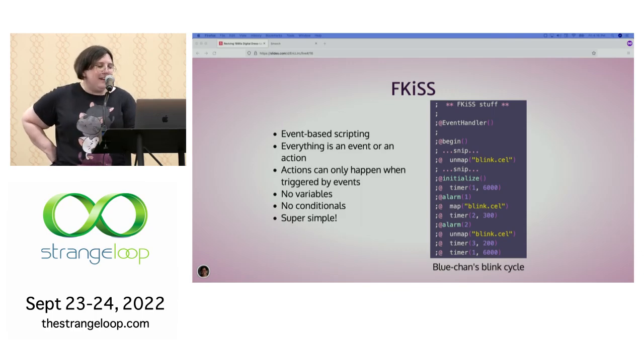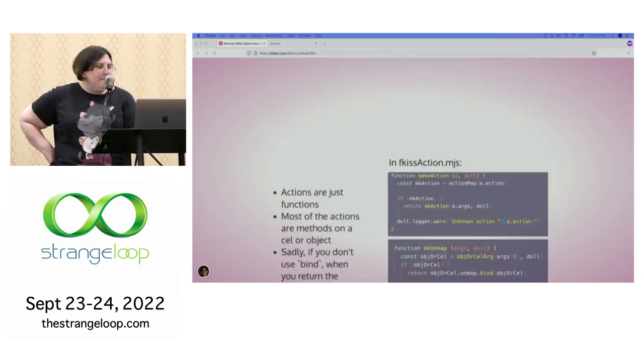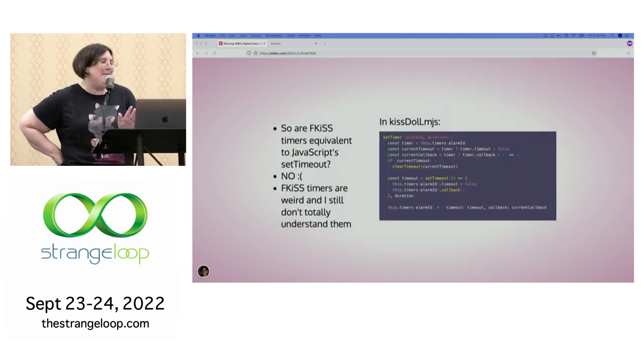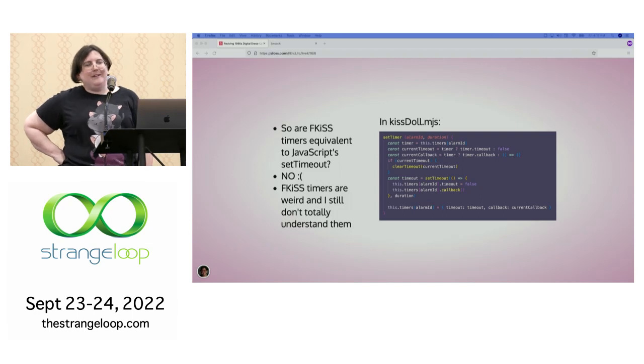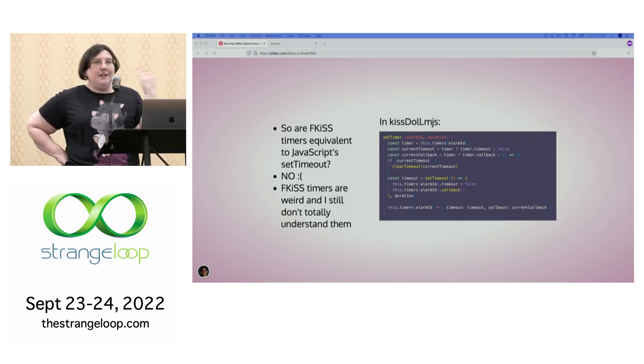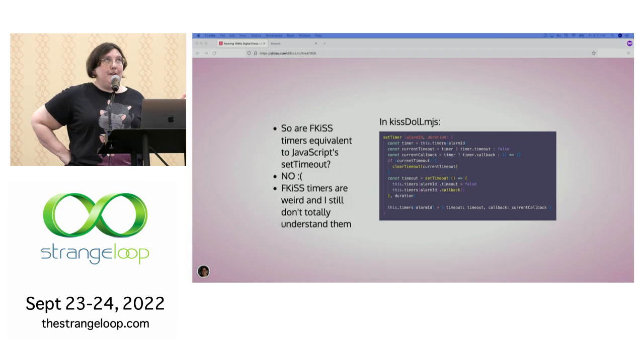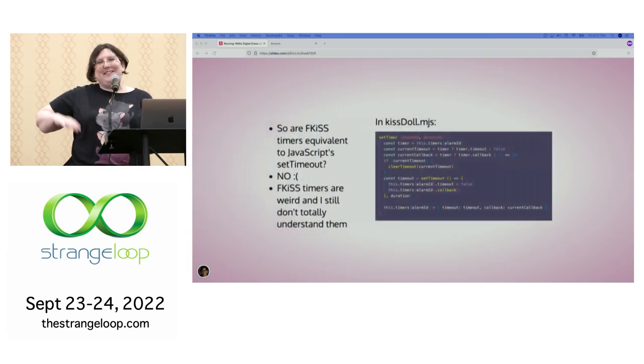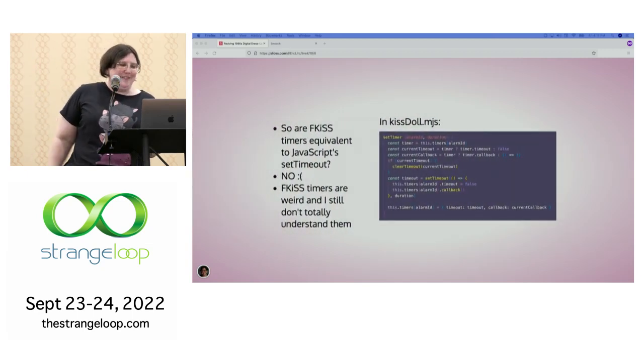So it got complicated, and it really looks like a mess at this point, and I don't really understand it. Timers are definitely the hardest part, but yeah, FKISS works at this point, at least all the events and actions that are commonly used in sets. And I guess now it's just FKISS 2, FKISS 3, FKISS 4 that I have to worry about.